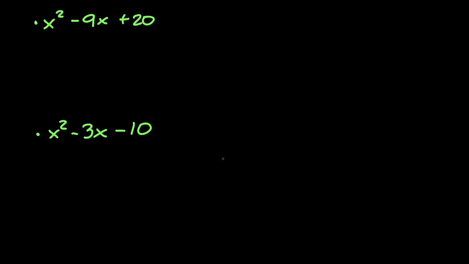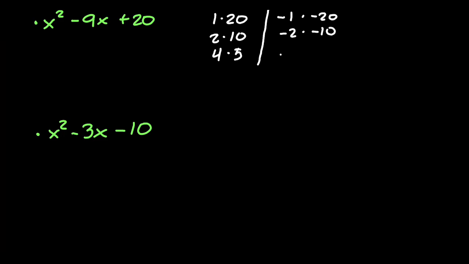X squared minus 9x plus 20. The multiple factors of 20 would be 1 times 20, 2 times 10, and 4 times 5. The same can also be said in reverse: negative 1 times negative 20, negative 2 times negative 10, and negative 4 times negative 5.